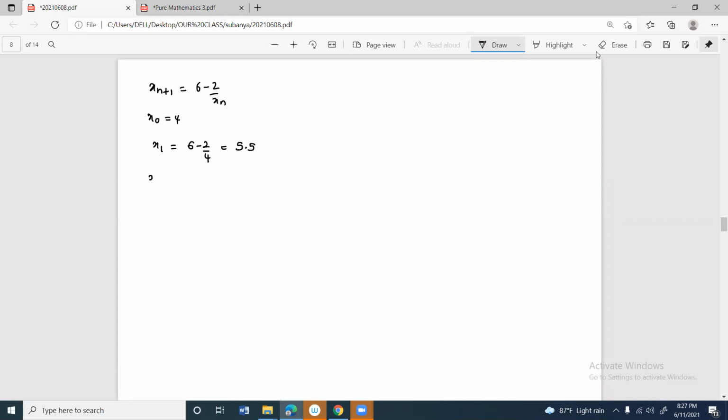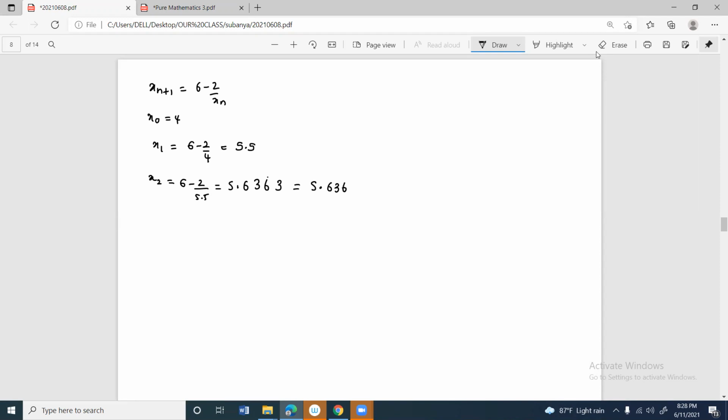So we have to go a little bit further. x_2 is equal to 6 minus 2 over 5.5. That answer is 5.6363, so correct to 3 decimal places it is 5.636.